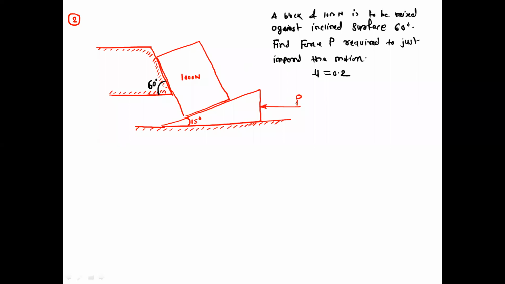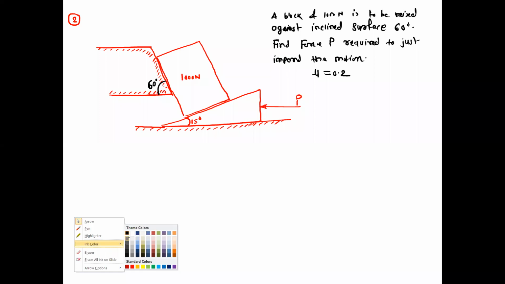So as the force P is applied on the left side, this wedge, let us take this wedge A, it will slide on the left side.